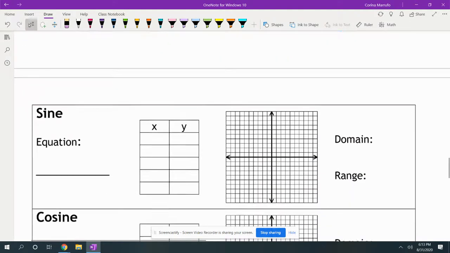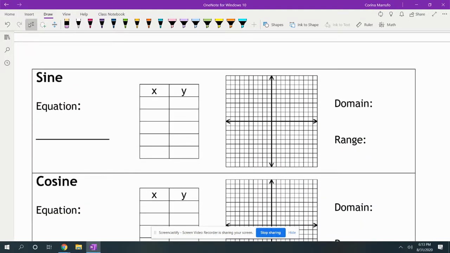All right. The last ones, we have our sine and we have our cosine. So this one, I'm not going to touch up on it a whole lot because we're going to go over it in more detail towards the end of the year. But it's sine of x. For our x values, I don't want to confuse you guys a whole lot, but we're going to go ahead and use 0 for the middle part.